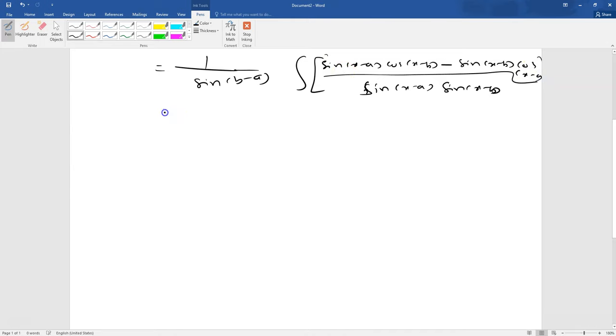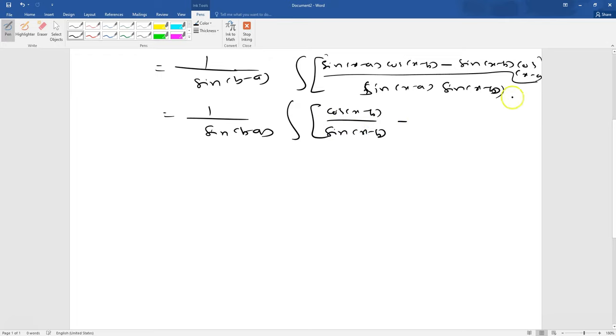Now when you separate it out, this will cancel. So here it will be cos of x minus b upon sine of x minus b, minus, the sine of x minus b part cancels, so this will be cos of x minus a upon sine of x minus a dx, right?